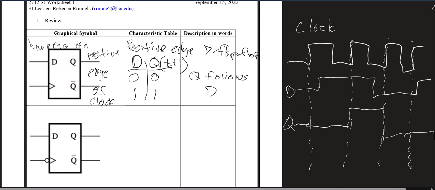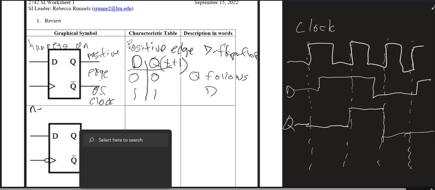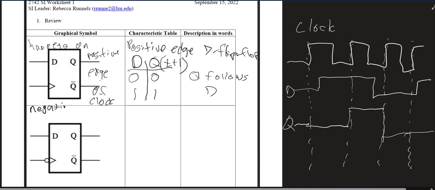Okay, so if this one is a positive edge triggered flip-flop, what's the one underneath it? Yeah, so that's a negative edge triggered flip-flop.